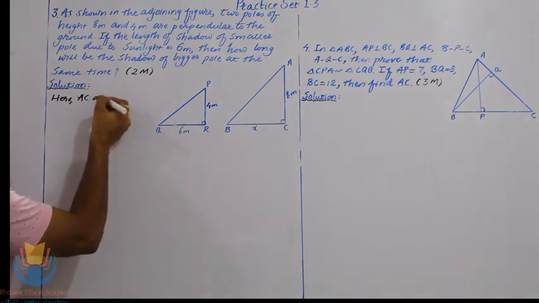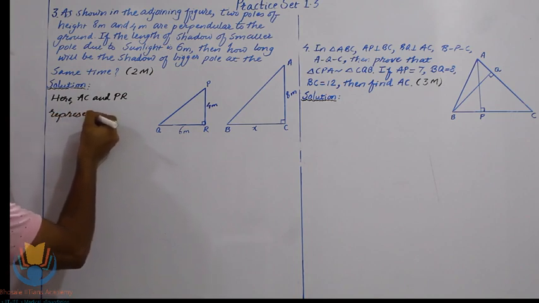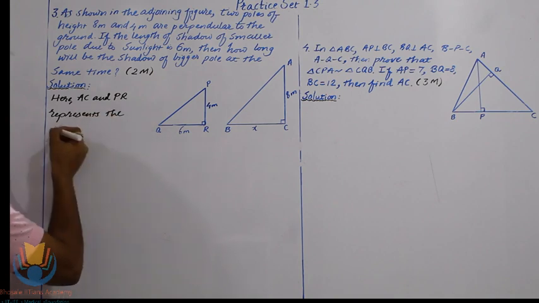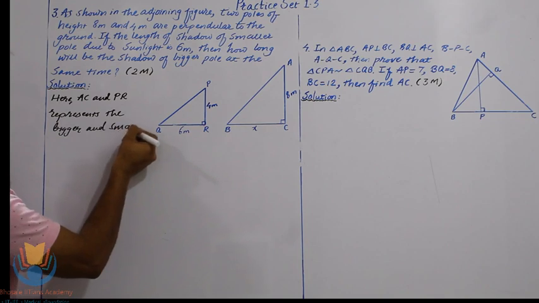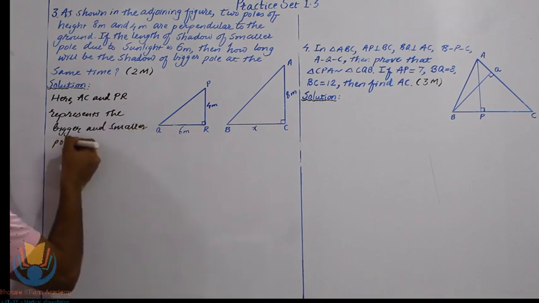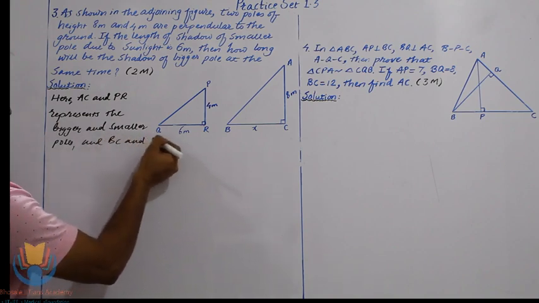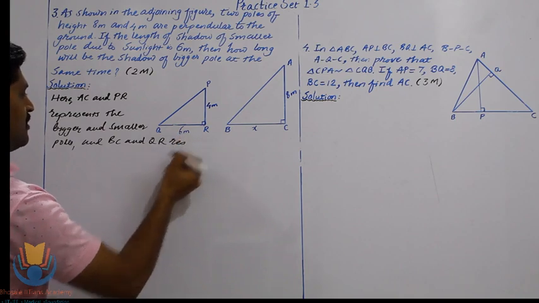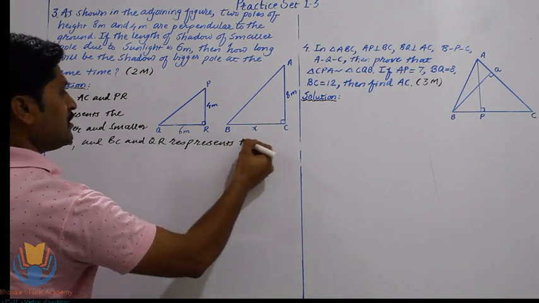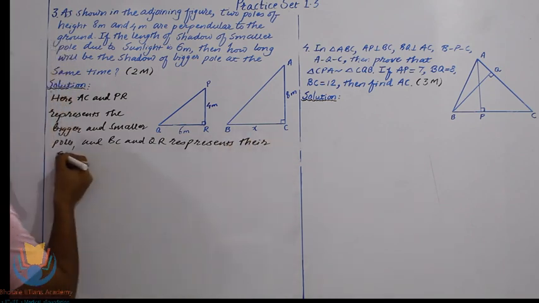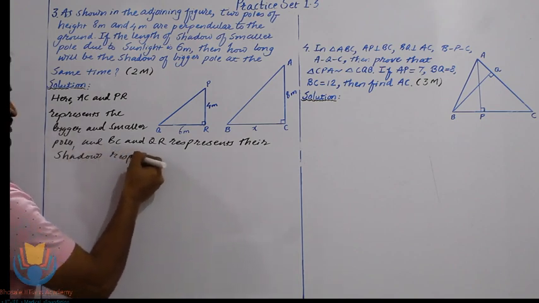Here this AC and PR represent the bigger and smaller poles, and this BC and QR represent their shadows respectively.